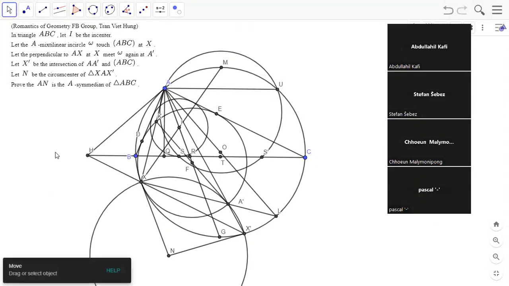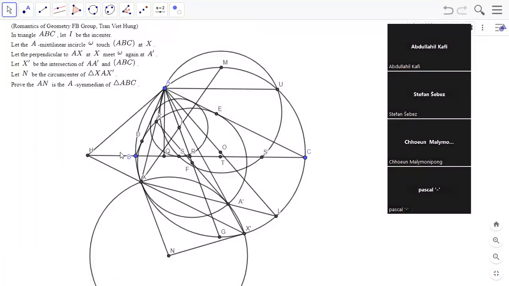Okay, so first we're going to show that these concur. And then once we show they concur, it's kind of obvious AN is a symmedian, because then basically we have a harmonic quadrilateral, right?